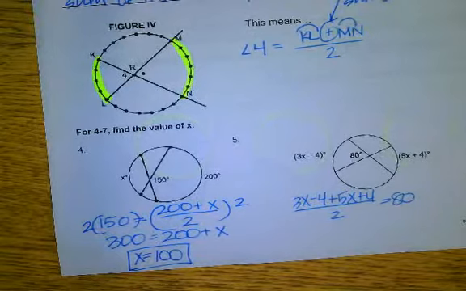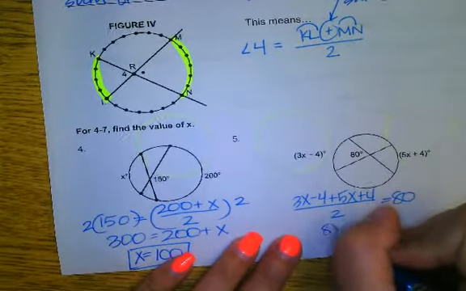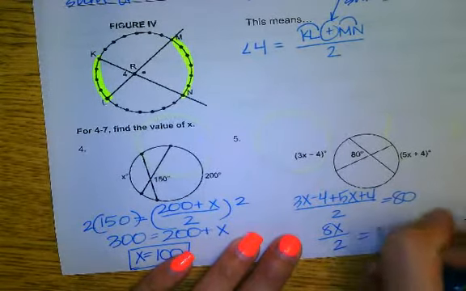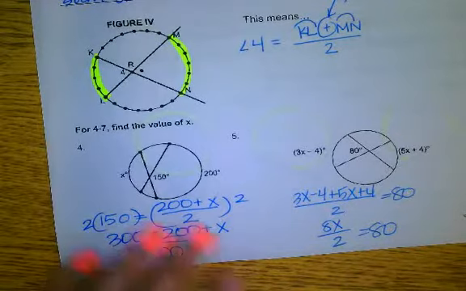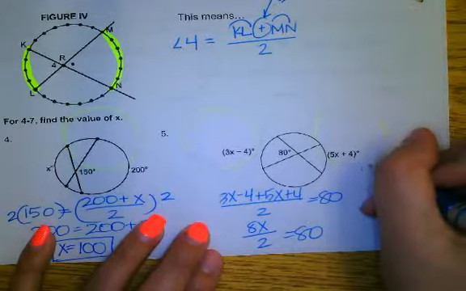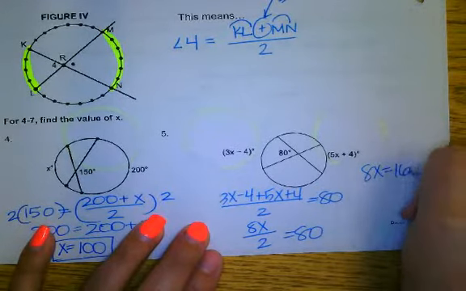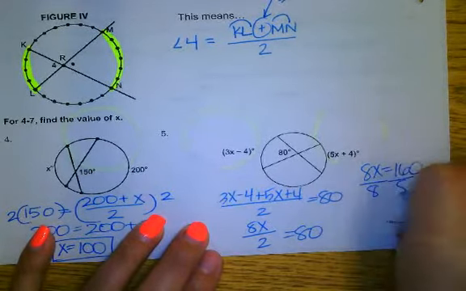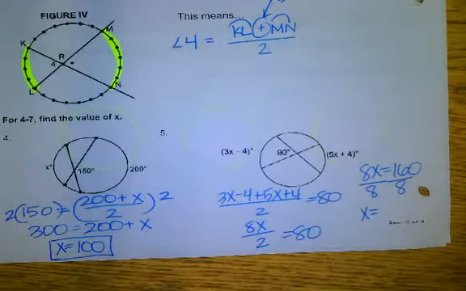You don't have to distribute a negative. So when you combine like terms in the top, you get 8x over 2 equals 80. Multiply both sides by 2, so 8x equals 160, and x equals 20.